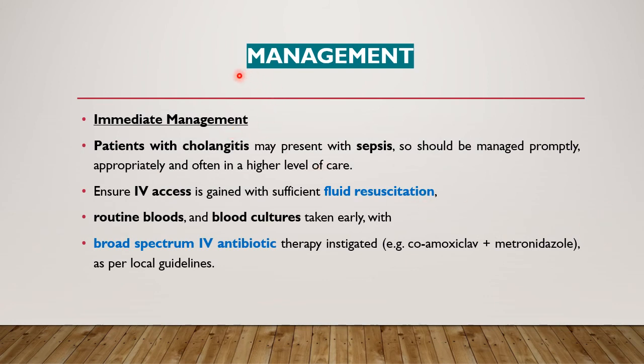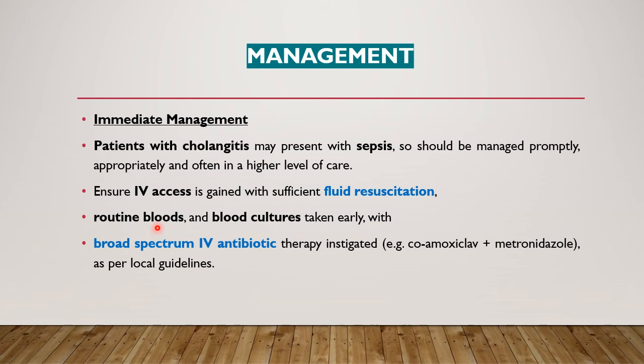Okay, management of the patient. This immediate management, as I mentioned earlier: patients with cholangitis may present with sepsis, so should be managed promptly and often with a high level of care and urgency. First, under the immediate management will be IV access and fluid resuscitation, to ensure the fluid and electrolytes are in balance.